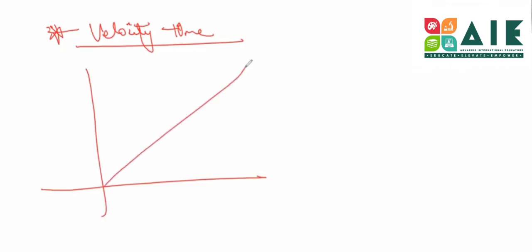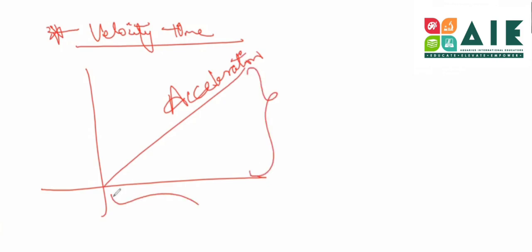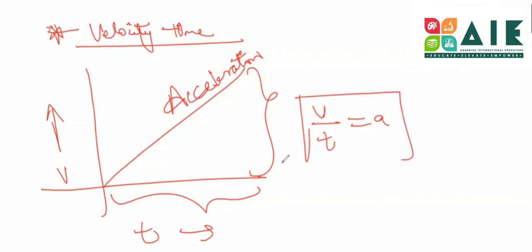The very basic thing I should tell you is that the slope is the acceleration. Because y2 minus y1 over x2 minus x1 gives me velocity over time, which is acceleration. Even if you are solving for tan theta, where this is theta, it will give me the acceleration of the graph.